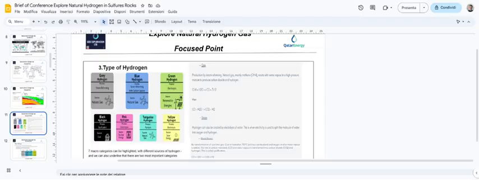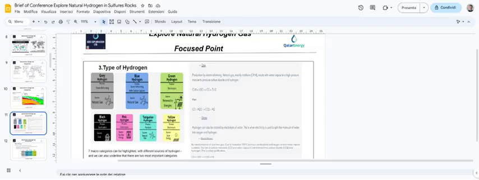And also blue hydrogen, that is also steam reforming of natural gas. Black or brown hydrogen is made by transformation of coal into gas. Coal is heated to about 600 degrees Celsius and water is added.